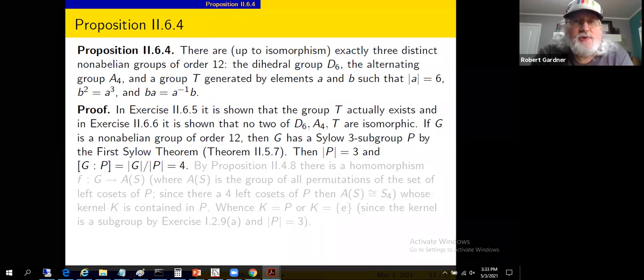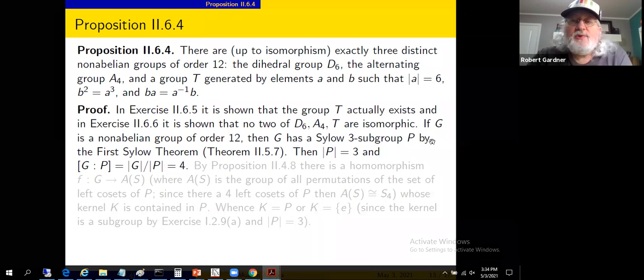The big chore is to show these are the only non-abelian groups of order 12. Exercise 2.6.6 shows that D6, A4, and the group T are in fact not isomorphic. No two of these are isomorphic, so we do get distinctness of these three groups. Now, to show these are the only possible non-abelian groups of order 12.